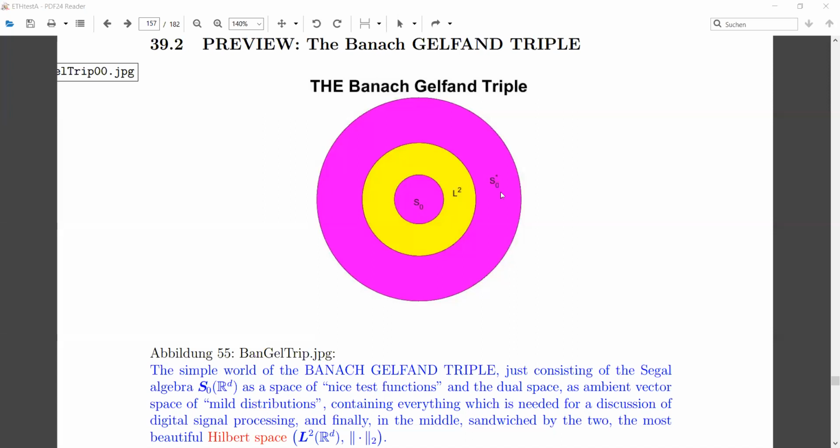Later on, we will see, hopefully, that you can get an approximation in this weak star sense by just saying, okay, S0 prime contains something like a Dirac comb, which is neither decaying nor a smooth function. So you have to improve on both properties. How can you do it? Well, first you multiply with a kind of plateau type function, a trapezoidal function.